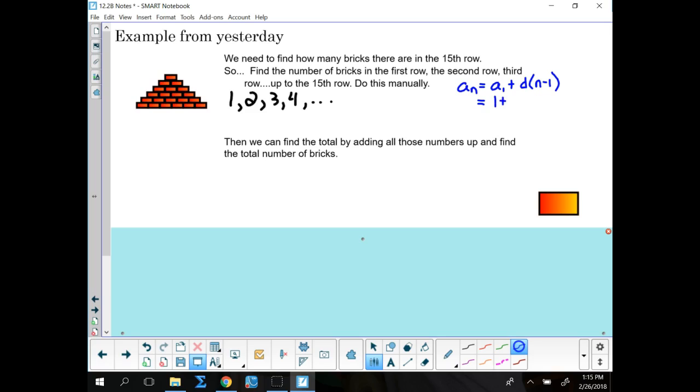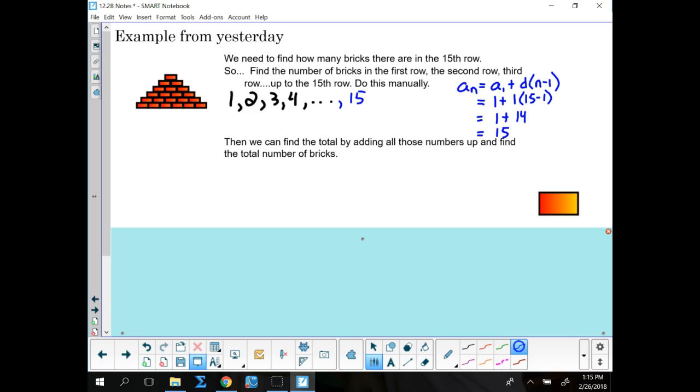Common difference? 1. 15th row then would be 15, right? 15 minus 1 is 14. 14 times 1 is 14 plus 1 is 15. So there are 15 bricks in the 15th row.